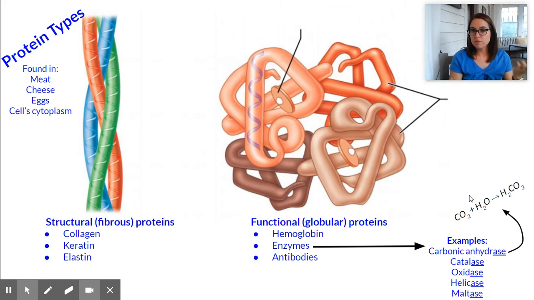This is the form in which carbon dioxide travels through our bloodstream, and then it goes to our lungs where we exhale. We do the reverse reaction in our lungs. The carbon dioxide detaches from the water, and we exhale the carbon dioxide and keep the water in our body.